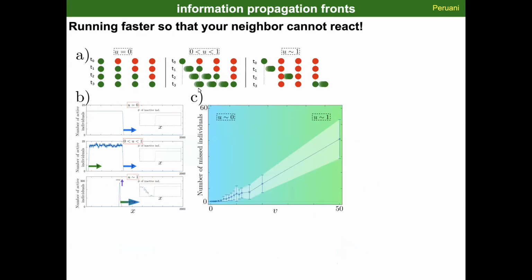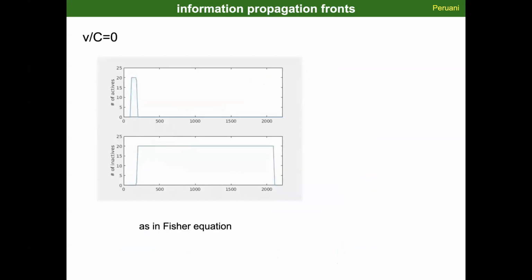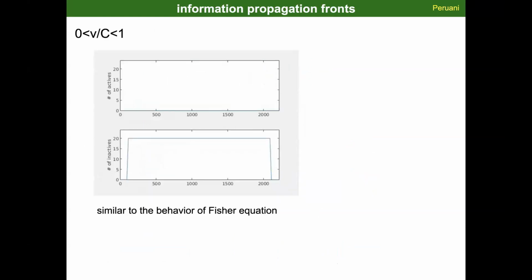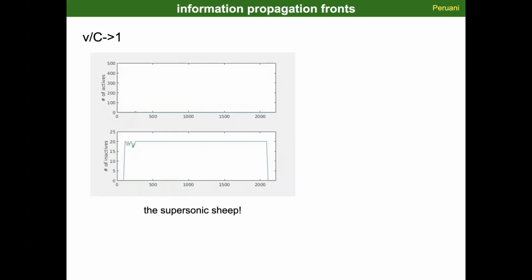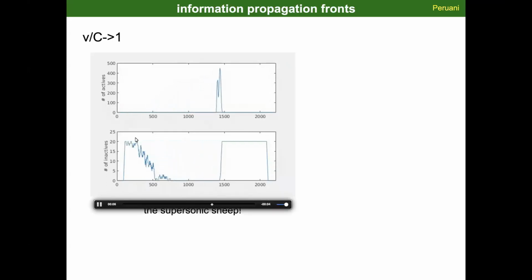You can also show that there is the possibility of moving at a speed that is larger than the reaction time of the individuals, which brings about this kind of behavior. This is what I want to show you. This is a regime that we call the supersonic ship, where the system evolves in this way, which is kind of counterintuitive, I guess.